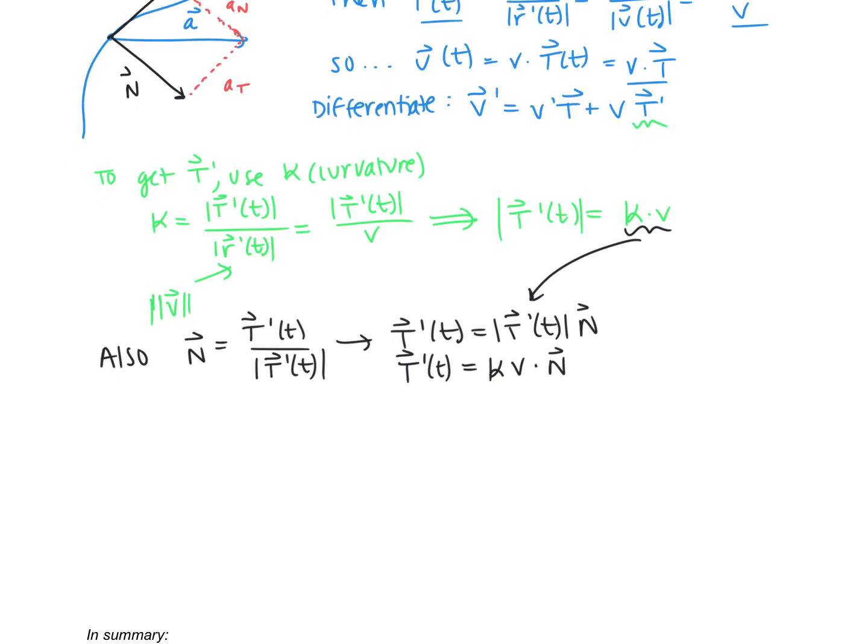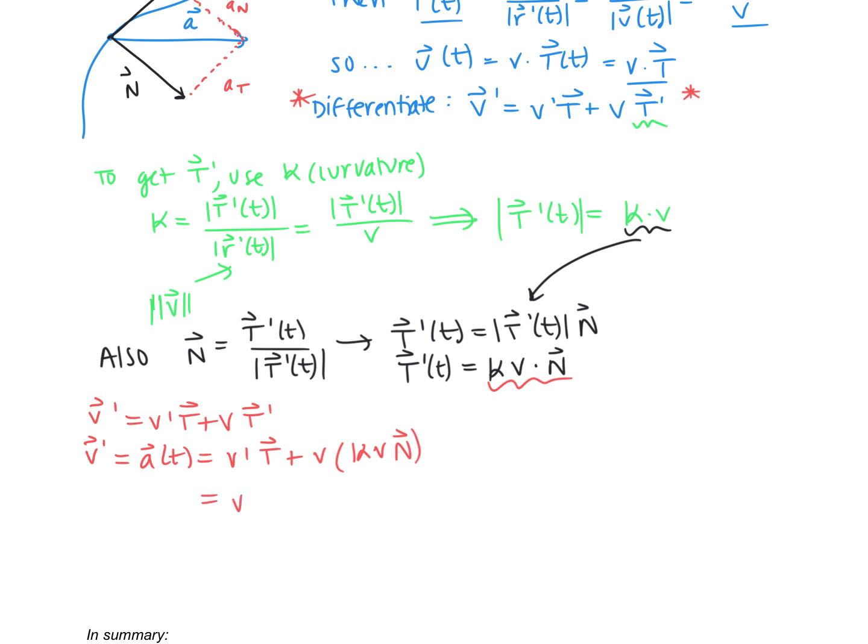Okay then, so where does this take us? If we go back to this equation that we had above, we had v prime is equal to v prime times T, add v times T prime. So substituting in, v prime, which is really just acceleration, gives us v prime times T plus v, and then that T prime, we're going to use what we just got. So curvature times v times the unit normal vector.